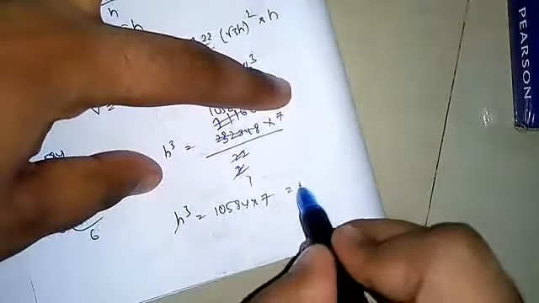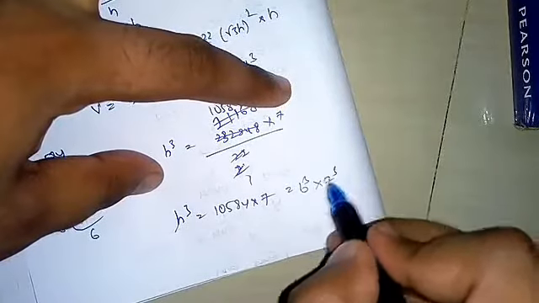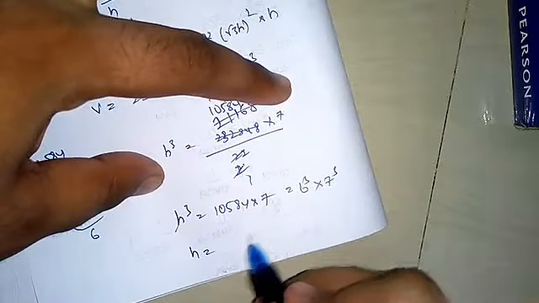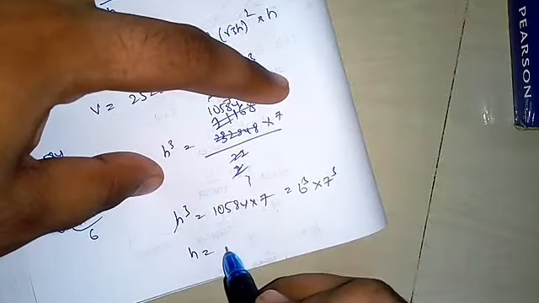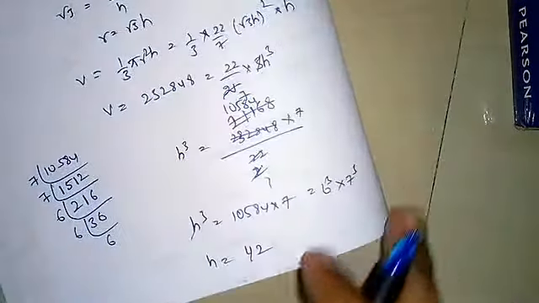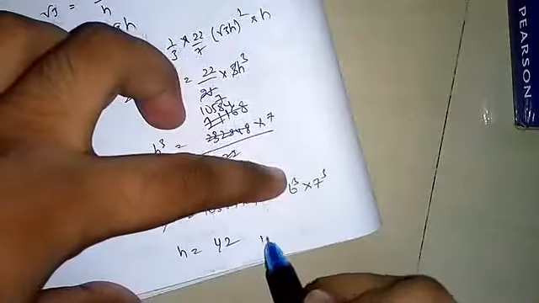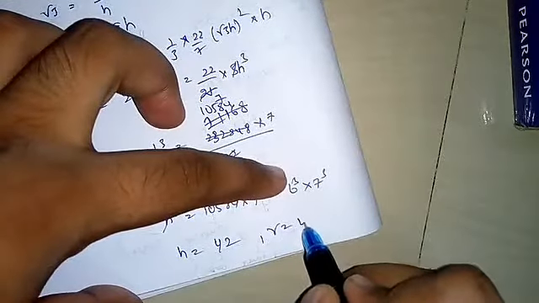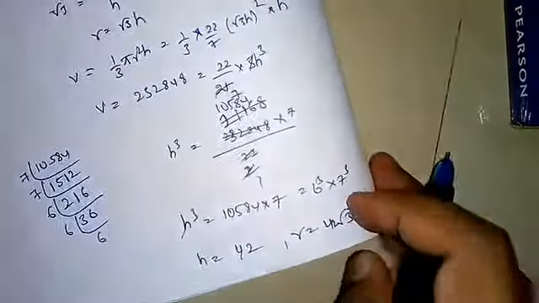So H cube is equal to 6 cube into 7 cube. So H is equal to 6 times 7, which is 42. Therefore H is 42 and R is equal to 42 root 3.